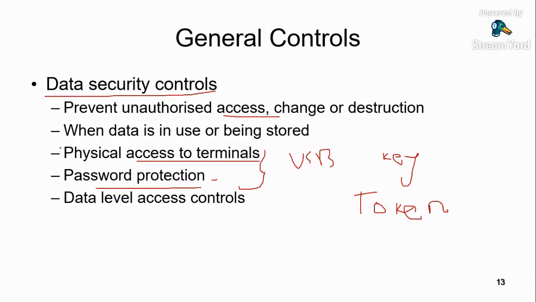So this can add additional security to physical access to the terminal. It will be difficult for a person to get physical access to the machine and operate it. And data level access control, what kind of data is to be accessed by whom, access to specific tables of your database, comes under the data security controls.